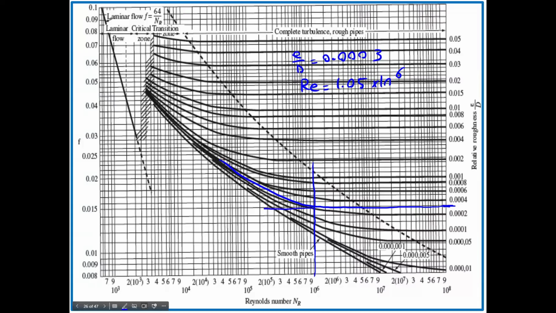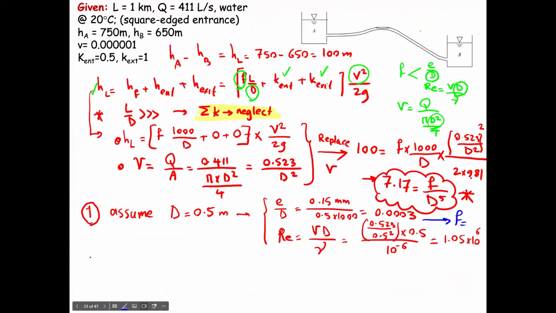So if I find this one, it means that I'm a bit above, sorry, it should be somewhere here. I'm a bit above this number, 0.0155, or I will say that it's 0.016 to make it easier. Here we go. 0.016 is my number.